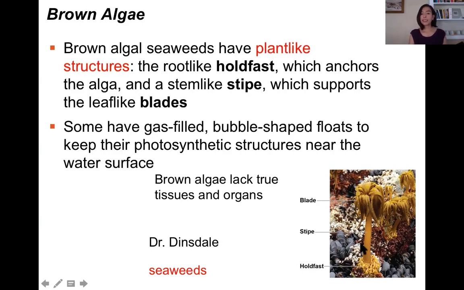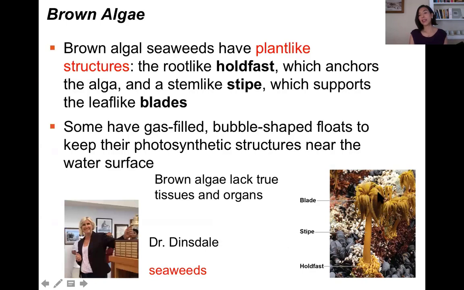And we have this part, which could be equivalent to the stem, but this is not the stem, and these are the blades, which look like leaves, but they are not actually leaves. They are called blades. And I'm emphasizing that they look similar, but they are not.